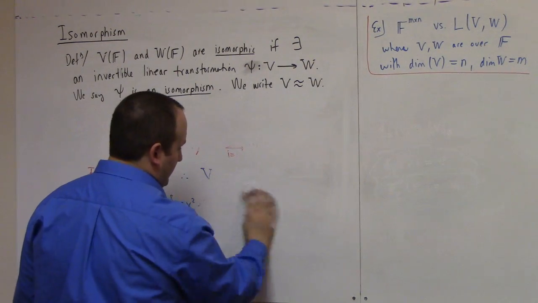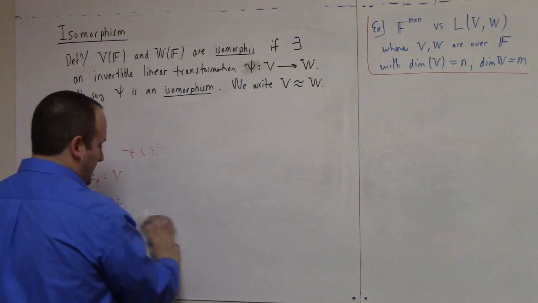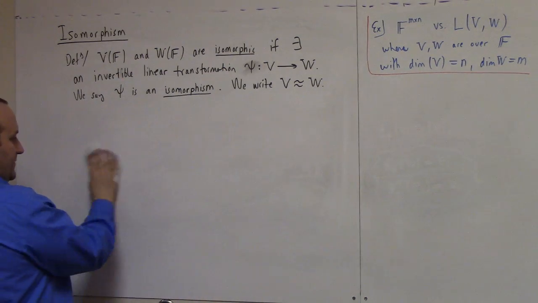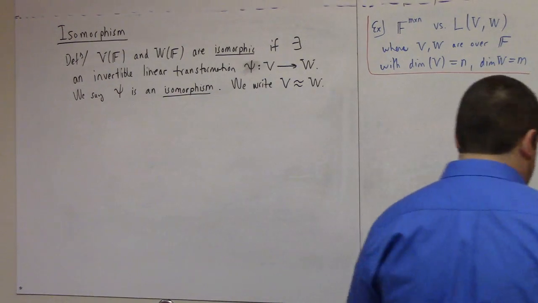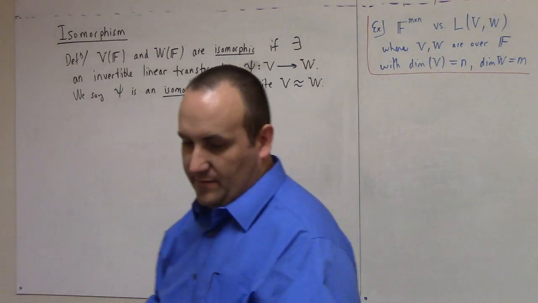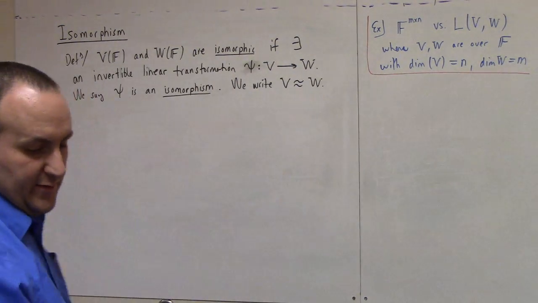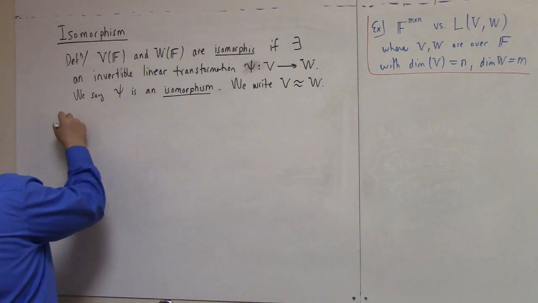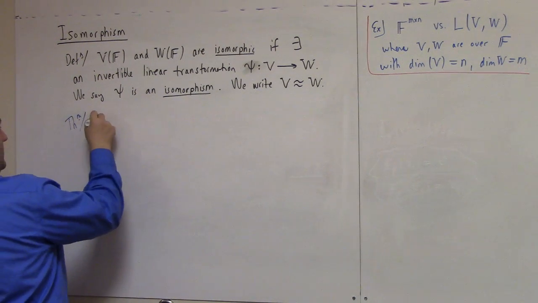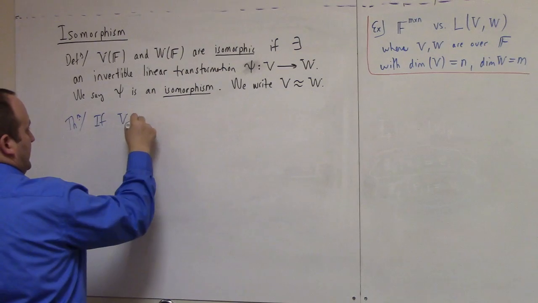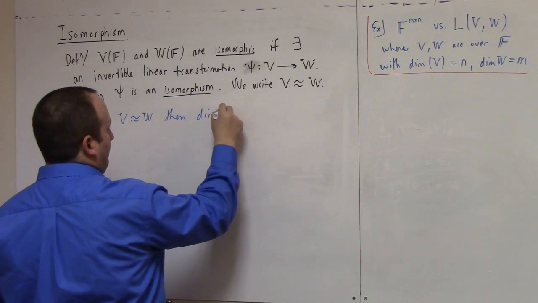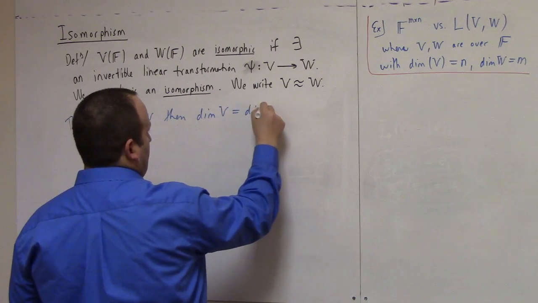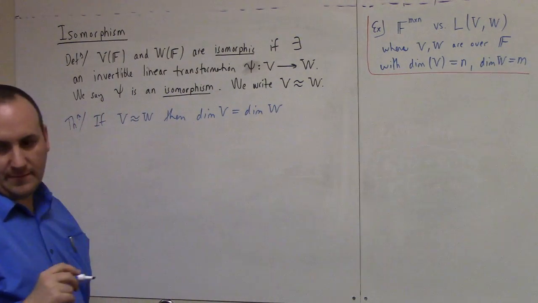You can only map a basis to a basis with a function if you've got the same number in both bases. So that's only going to work if we have the following theorem, and thankfully we do. Theorem: if V is isomorphic to W, then the dimension of V equals the dimension of W.